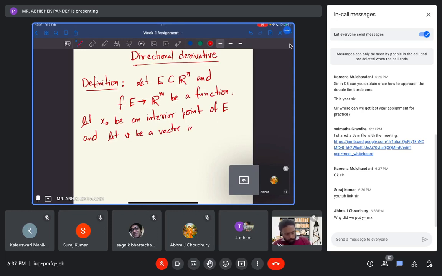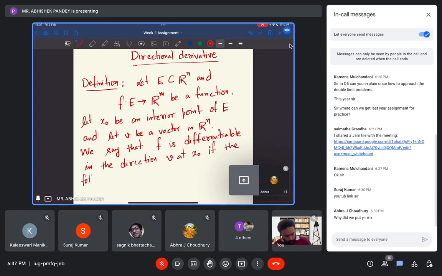Okay, so we say that f is differentiable in the direction v at x naught if the following limit exists.